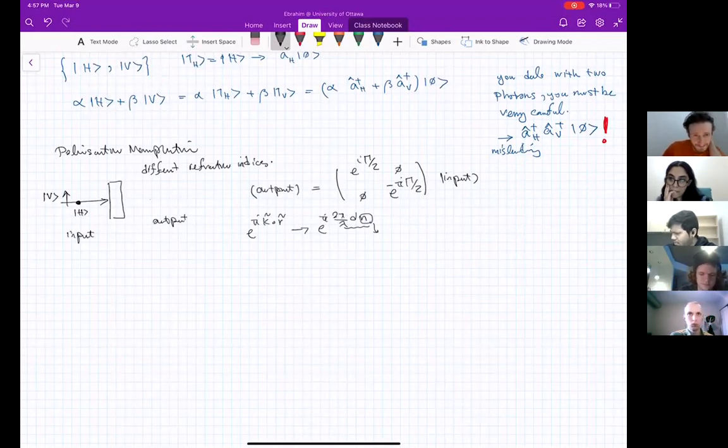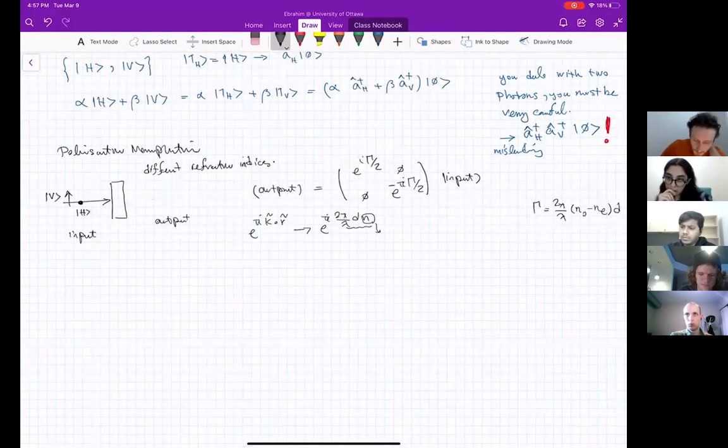What I'm doing is taking out a global phase and writing it in a symmetric way. So gamma is essentially 2 pi divided by lambda, times n ordinary minus n extraordinary, maybe divided by 2, or twice of this, times the thickness of the material.